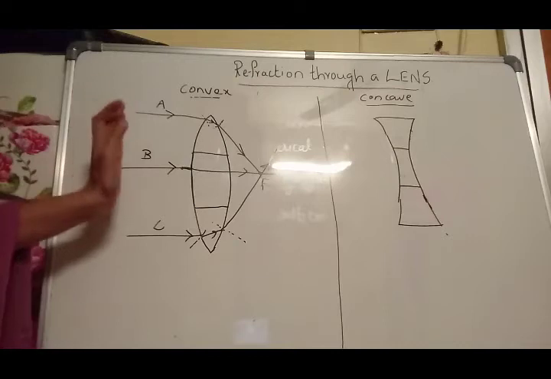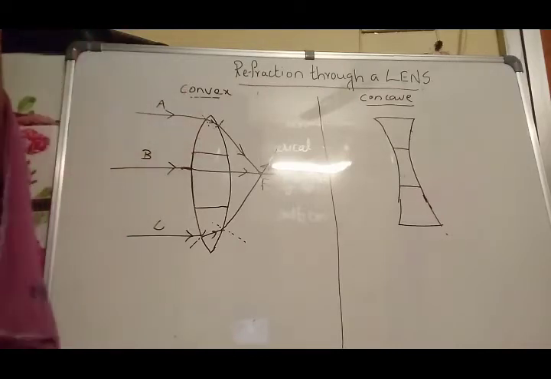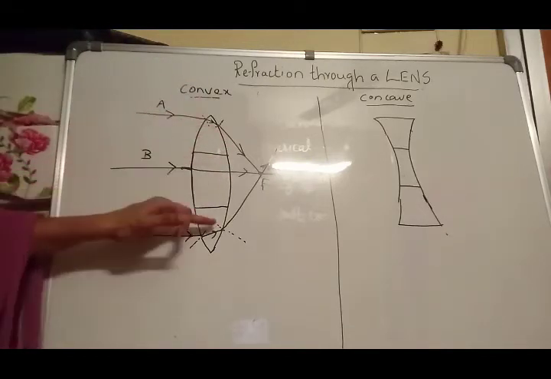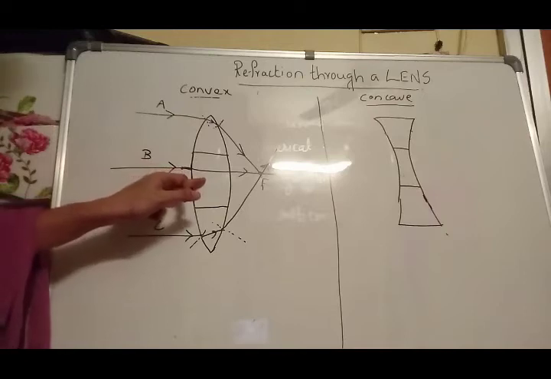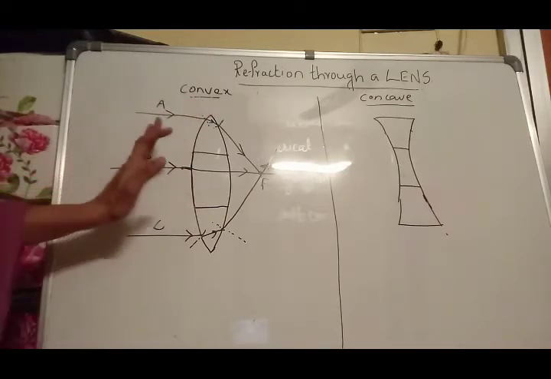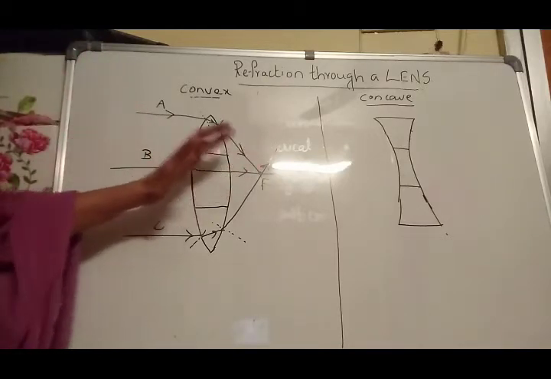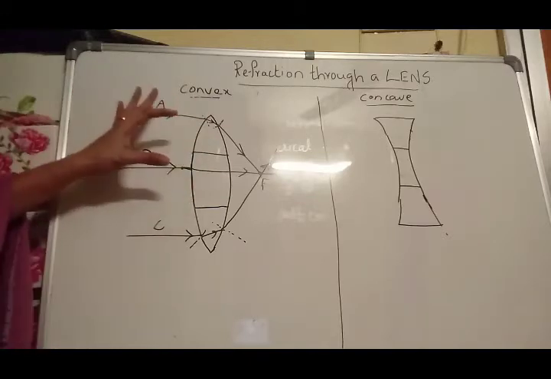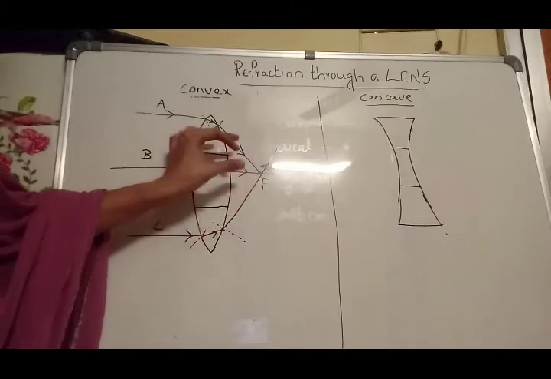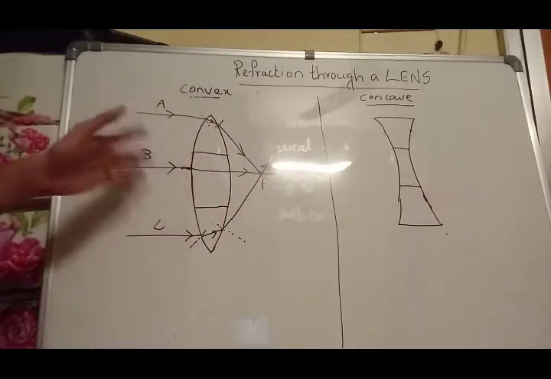The behavior of the ray can be learned if you consider the lens as different parts consisting of two prisms and one slab. If you draw the diagram in such a way that they behave as prisms and slab, you will see that all the rays coming out of the convex lens converge at a single point. We name that the focus. That we will do later.